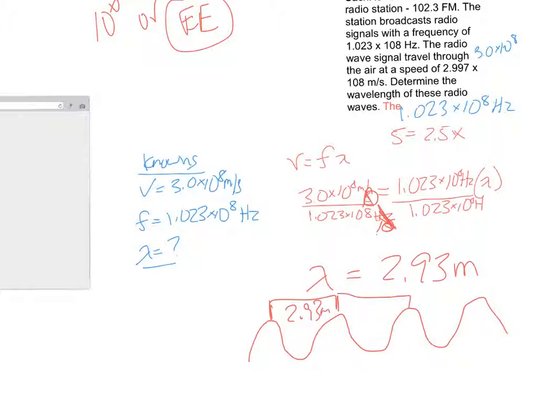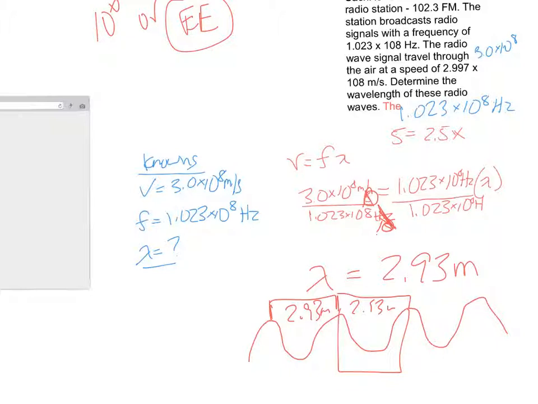From here to here is another 2.93 meters. And there is 1.023 times 10 to the 8th of these passing by your car's antenna every second. And so it's moving incredibly fast.